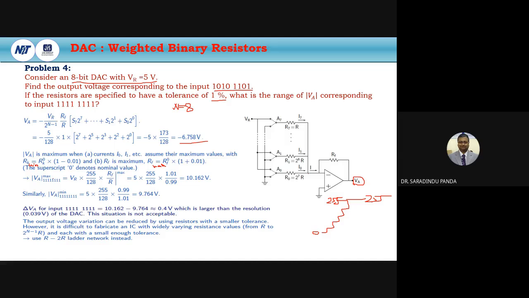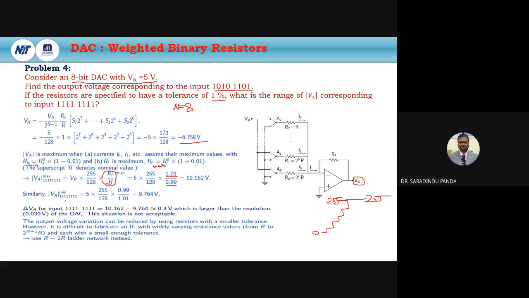RF should be maximum and R should be minimum. So RF by R is equal to 1 plus 0.01, and R minimum is 1 minus 0.01, so that means 0.99.